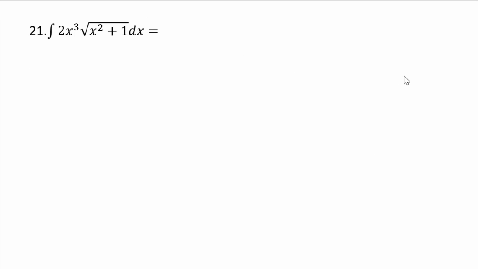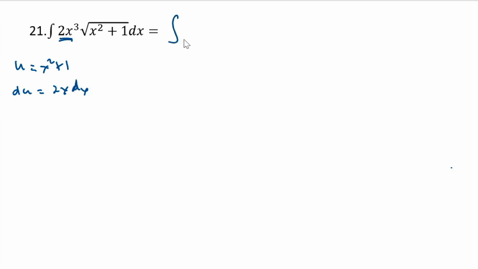So for number 21, we have the integral of 2x cubed times the square root of x squared plus 1 dx. So first, we are going to write our u. U now is equal to x squared plus 1, and du now will give us 2x dx. But we only have 2x cubed dx in our given, and we have here 2x dx. So first, we are going to factor out 2x cubed in a way that we can have a factor of 2x dx.